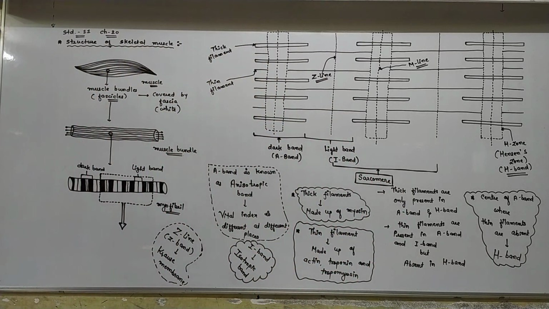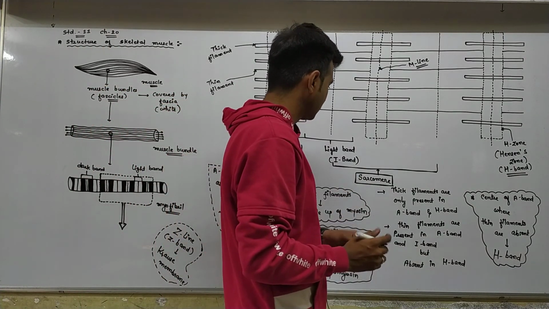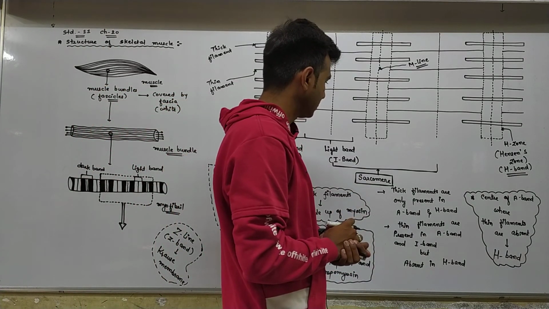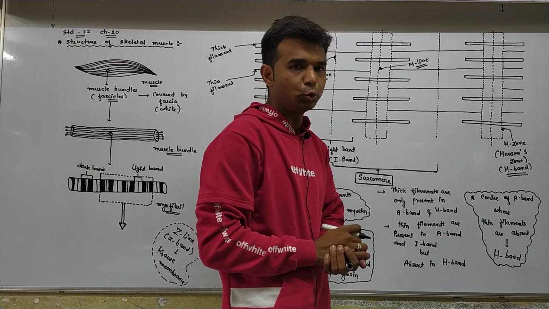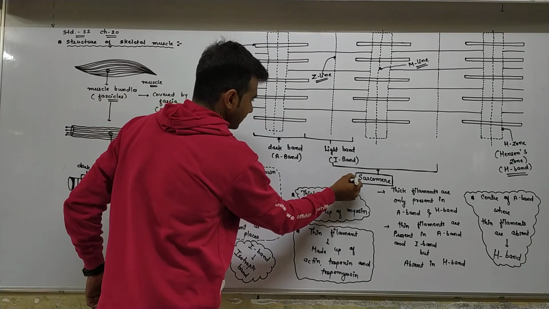So at one place you write that sarcomere is the region between two successive Z lines.